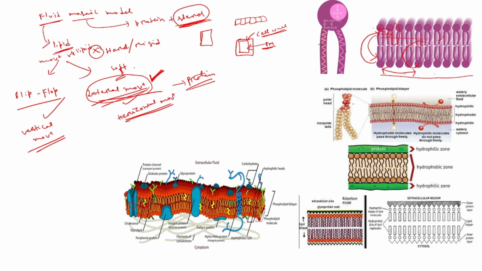So lipid can move by flip flop or lateral movement, horizontally as well as vertically, but the protein can move only laterally. That means in the same leaflet or the same layer it can move, but vertically they cannot move. So this is the movement of the protein in the lipid.